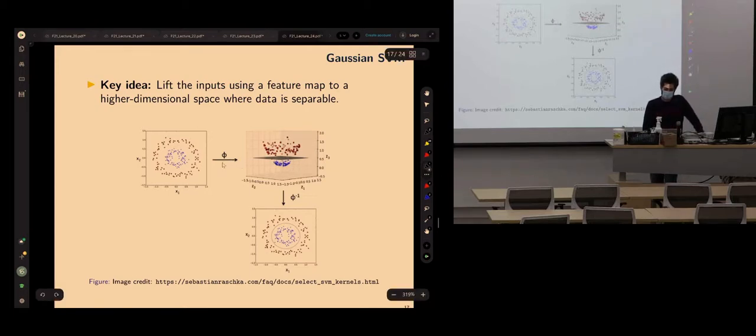What if you have a feature map phi that lifts your data into 3D, and then you only need a plane, and then it is solvable. And our formulation was general. The inputs were 2D, it was a line. If you can do it for 3D, you can do 4D, any dimension. So if you can separate it in the lifted problem, then you can also convert it back, and maybe that gives you something like this, a circle that separates data.